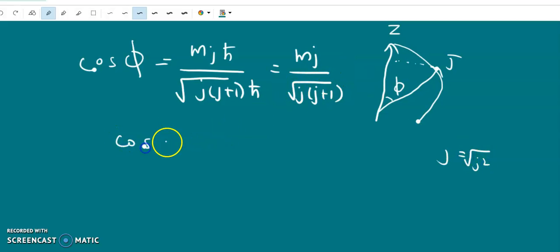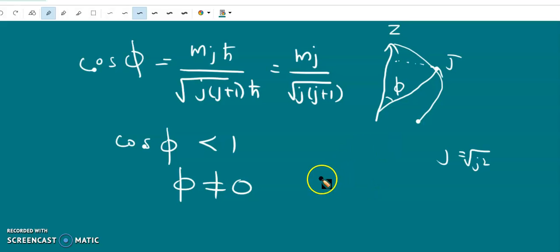So cos phi is always less than 1. ഒരിക്കലും equal to 1 ആവില്ല. So അതുകൊണ്ട് തന്നെ phi cannot be 0. Equal to 1 ആവുമ്പോഴാണ് 0 ആവുന്നത്. So that means the total angular momentum vector cannot orient parallel or anti-parallel to the field.